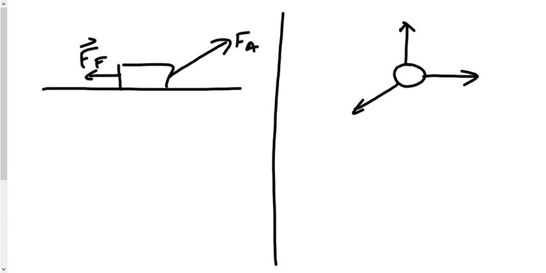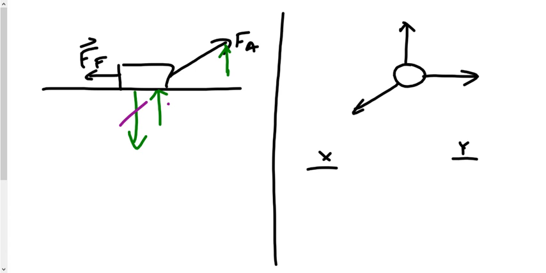Understand that although there are x and y components of both of them, this one ends up being just the x. The reason for that is because although we have a force of gravity acting down here and a normal force acting up, the y component of the applied force combined with the normal force will end up canceling out with the force of gravity.